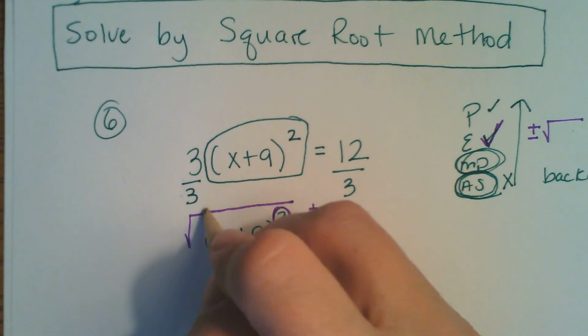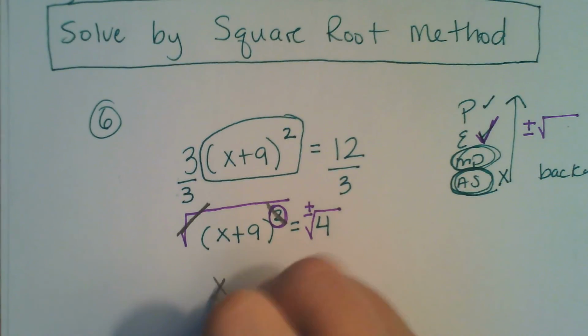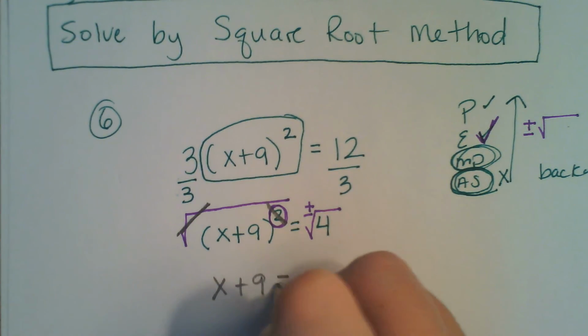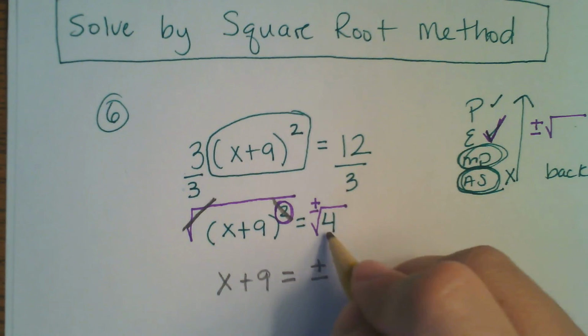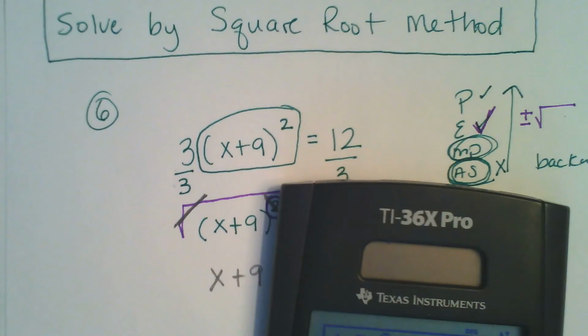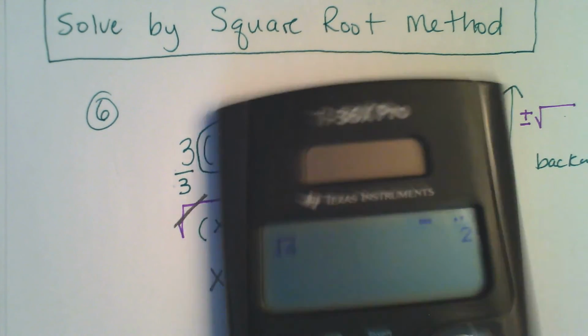On the exponent side, the square root cancels the exponent, leaving you with x plus 9 equals positive and negative. The square root of 4 can be simplified. The square root of 4 is 2.